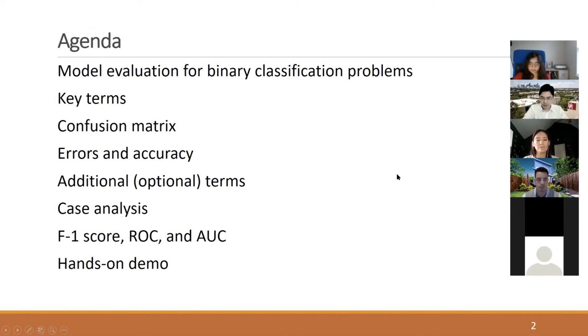Okay, model evaluations. These are the topics at a high level. So stop me anytime. I like to be more engaging and allow questions. Some of you are enrolled in the Capstone Project course.